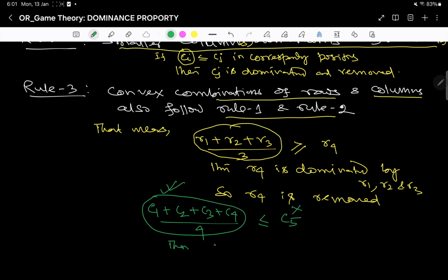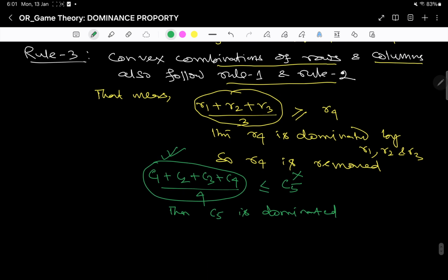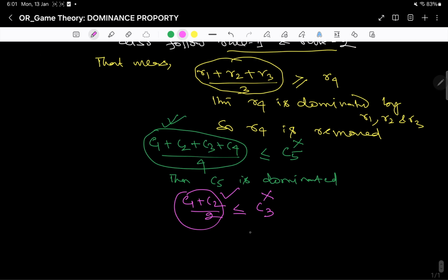Then C5 is dominated. Similarly, suppose (C1 + C2) divided by 2 is less than or equal to C3. Then C3 is dominated by C1 and C2. In that way we will see.